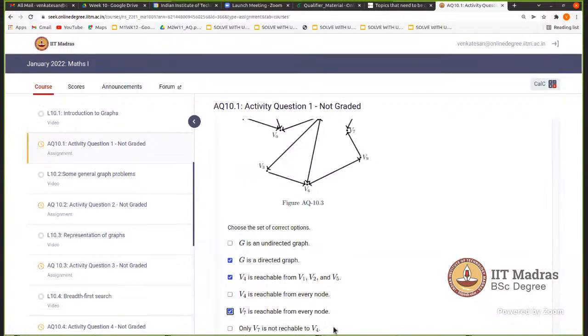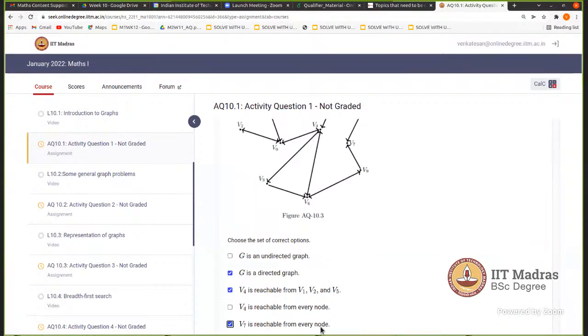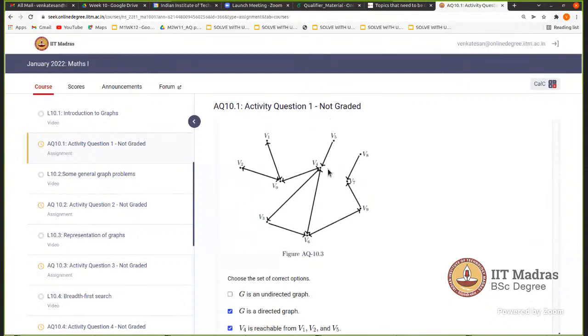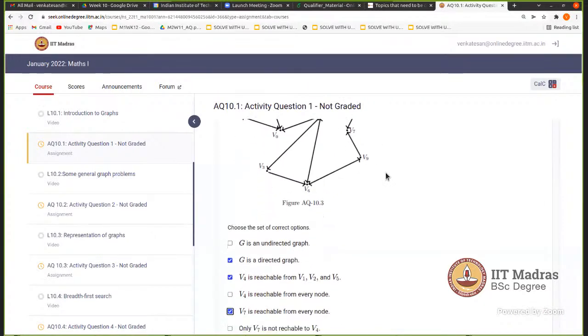Now the last option is: only V7 is not reachable to V4. V8 also. Both are not reachable, so saying only V7 is not the correct condition. False.